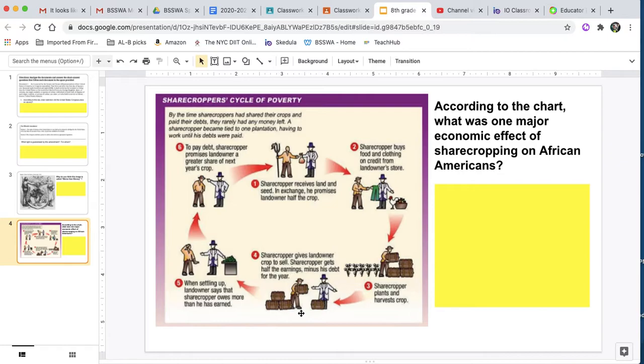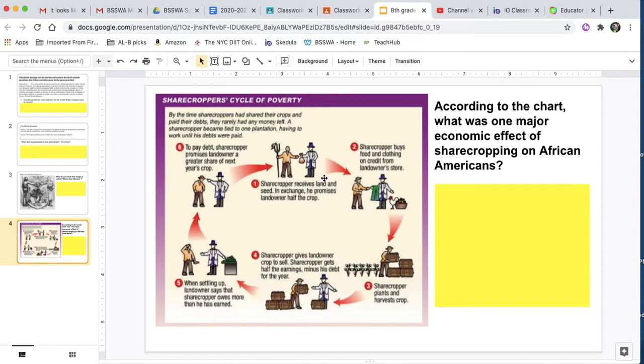Sharecropper gets half the earnings minus his debt for the year. Number 5, when settling up, landowners say that sharecropper owes more than he has earned. And number 6, to pay debt, sharecropper promises landowner a greater share of next year's crops.